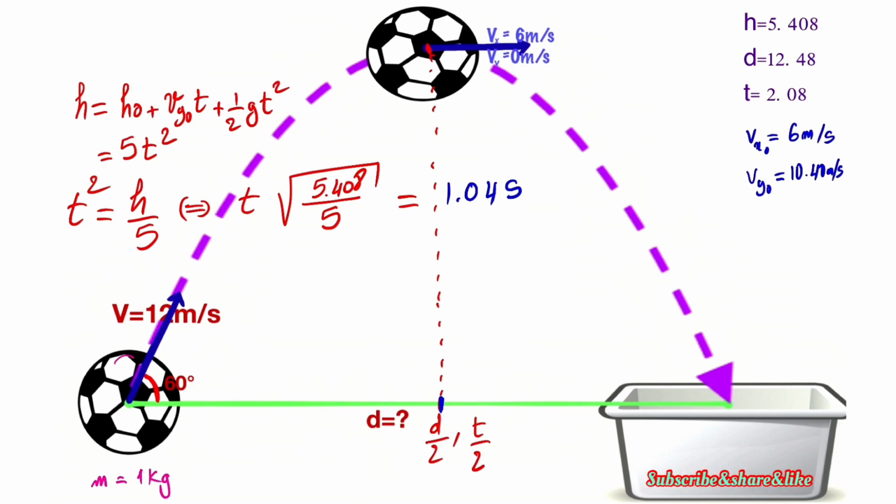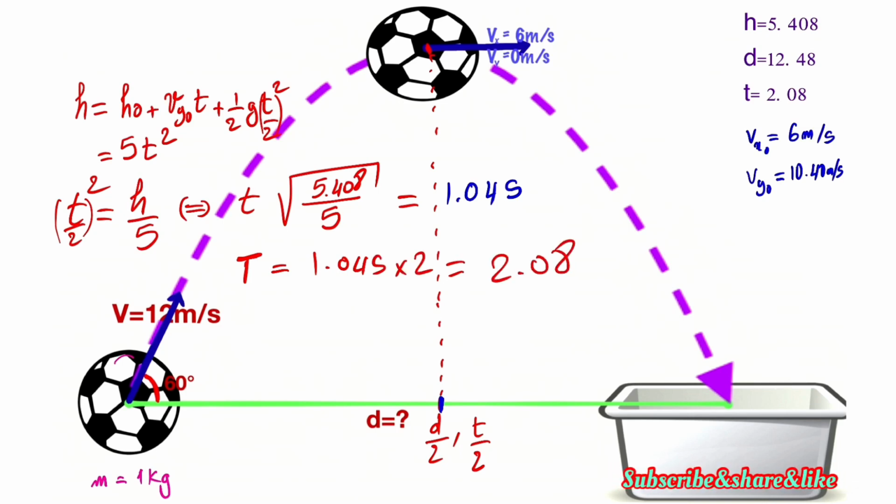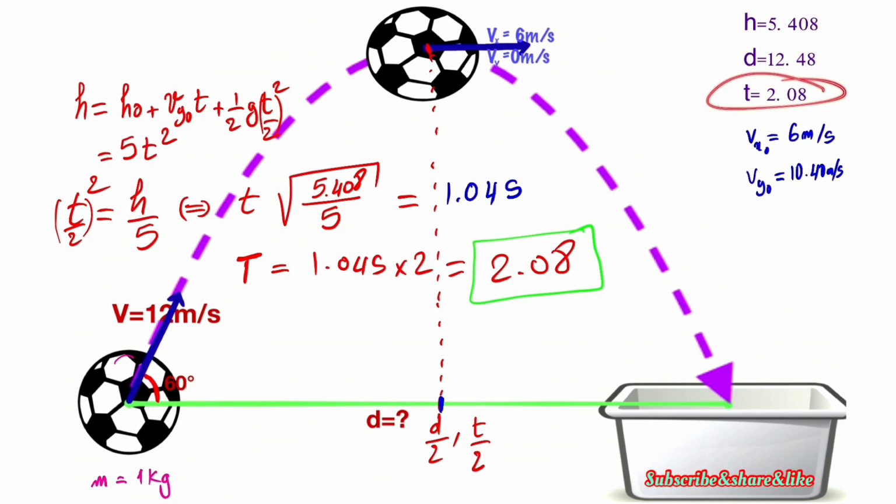This is t over 2, just call it t over 2 here because we're looking for that one. So for the total time, we multiply by 2, we make it big T, which is 1.04 seconds times 2, which is 2.08, and this is the time we have.